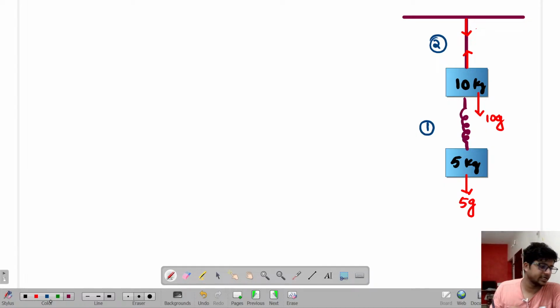First find the equilibrium state and then do the cutting, one and part two. Tell me the acceleration in each case. Assume that first I'm cutting the spring and in the second case I'm cutting the second thread. Okay.